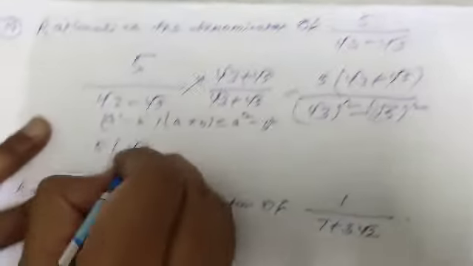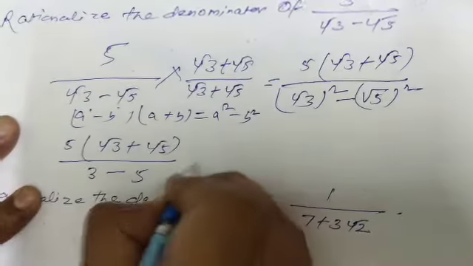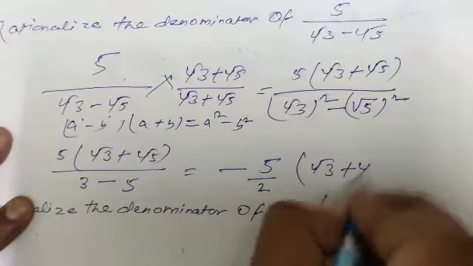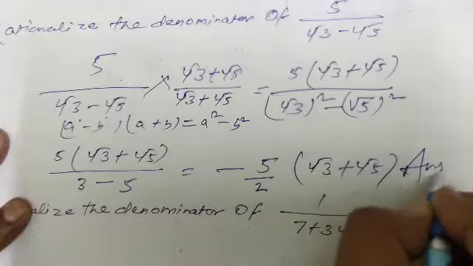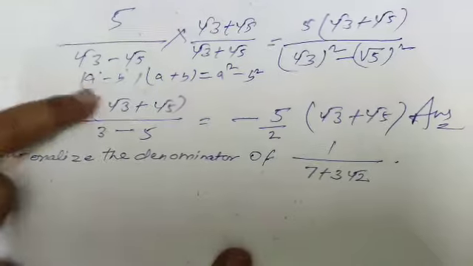So 5 into (root 3 plus root 5), and 3 minus 5 is minus 2. Minus 5 by 2 into (root 3 plus root 5) will be the answer of this question. Clear?